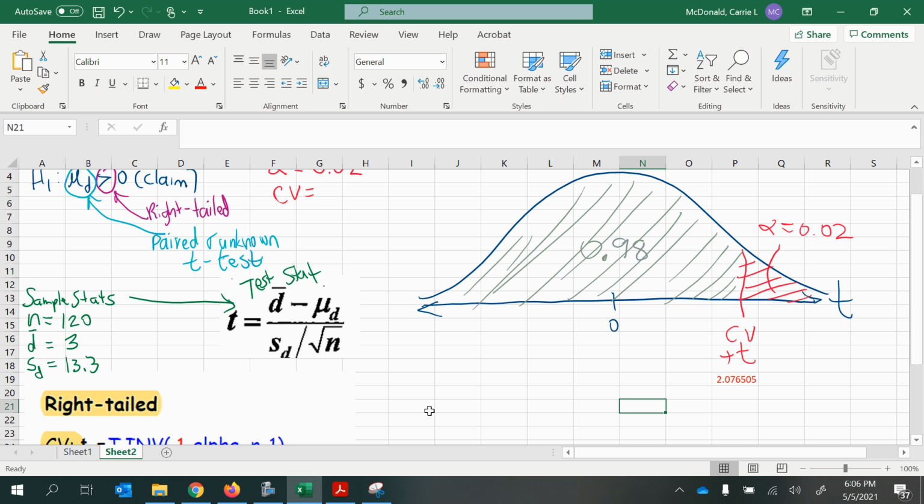So that's our critical value. Now we'll take our information from the sample and standardize it into a test statistic t-score that can be compared with this t-score.